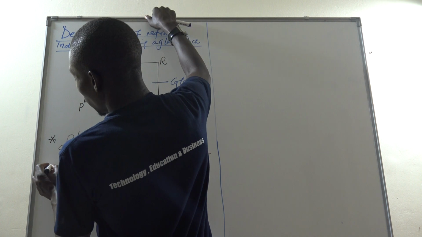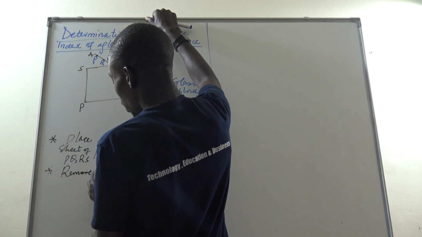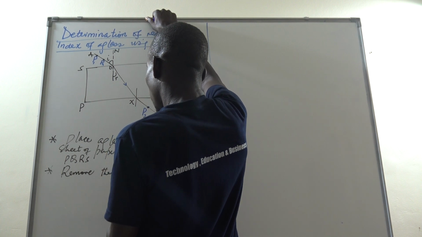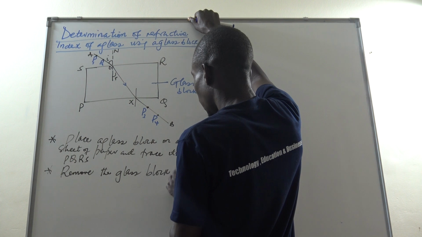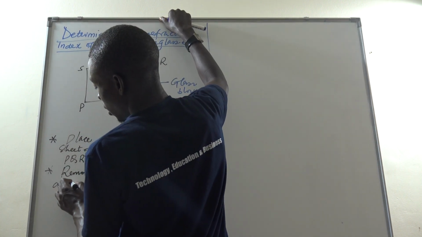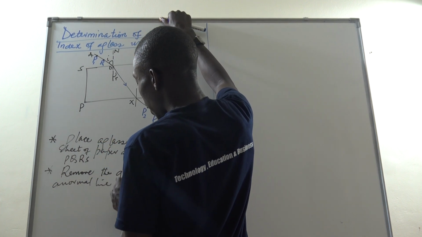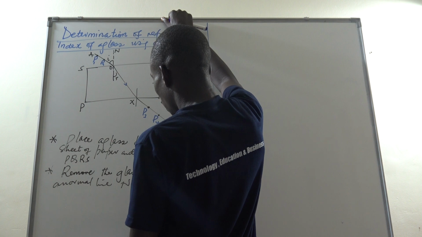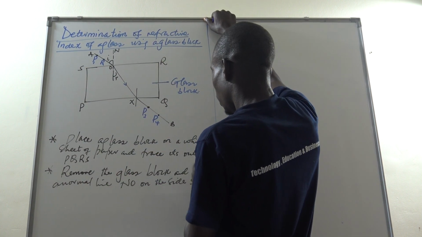After doing that, you remove the glass block and draw a normal line, O, on the side SR. Okay?